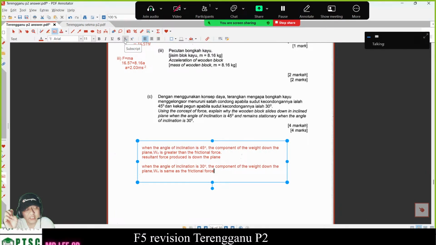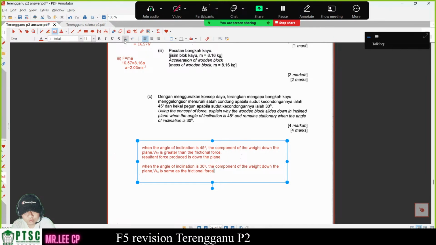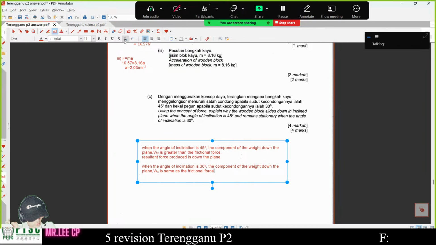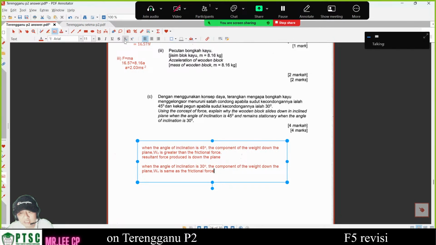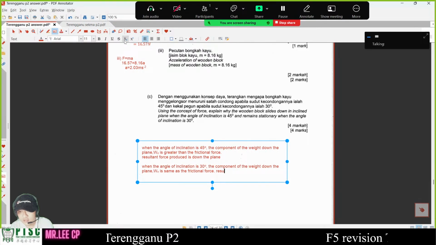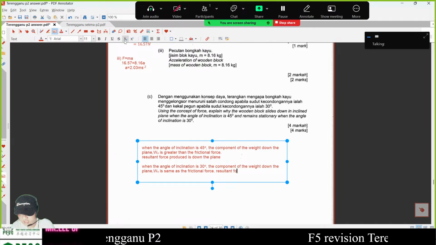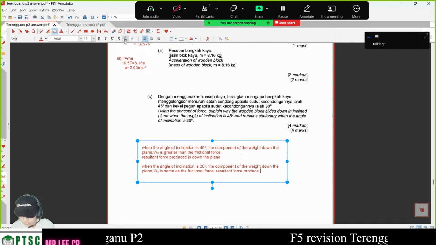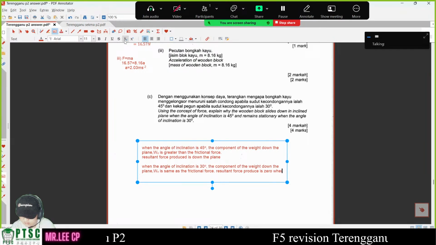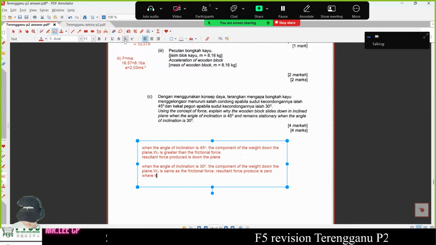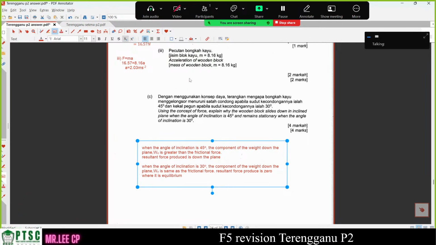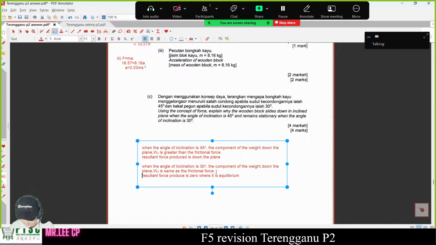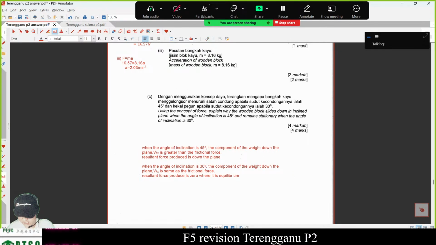If it is less than, it will not move. If it is the same as, it will not move. But if it is moved, it will move with constant velocity. Okay, so the resultant force produced is 0, where it is in equilibrium.